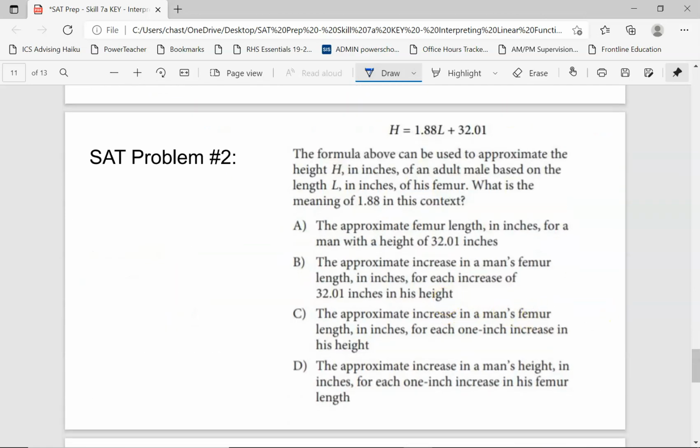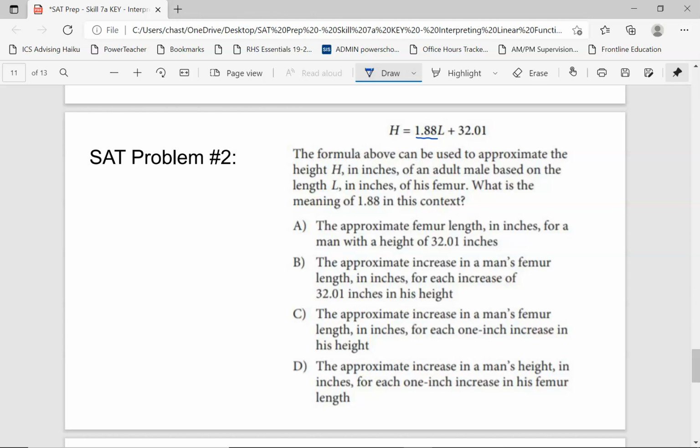On the next one, we have h equals 1.88L plus 32.01. It says the formula above can be used to approximate the height h in inches of an adult male based on the length L in inches of his femur. What is the meaning of the 1.88 in this context? So 1.88 is acting as a slope.